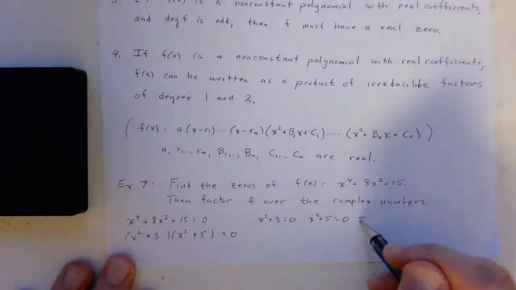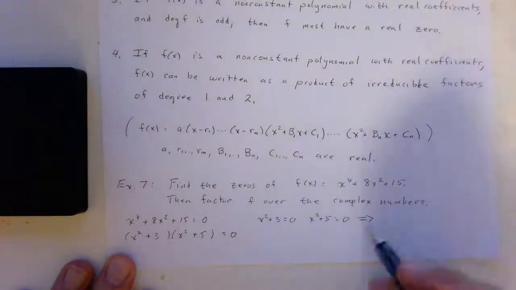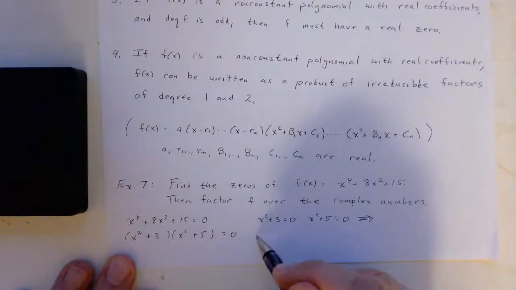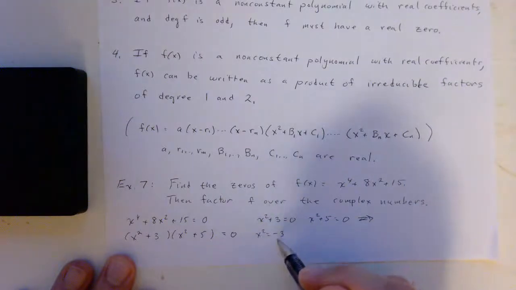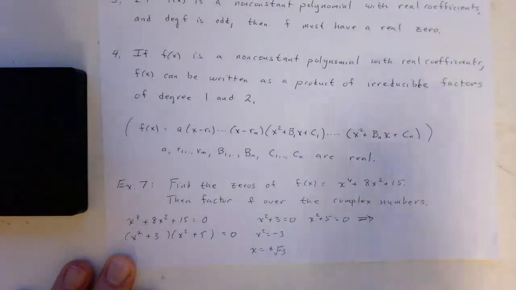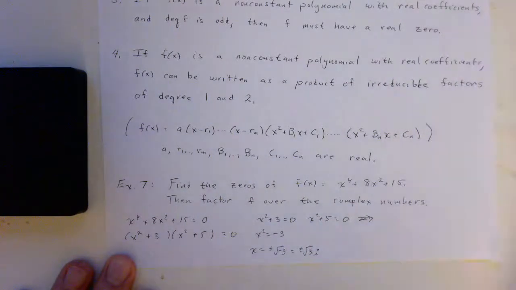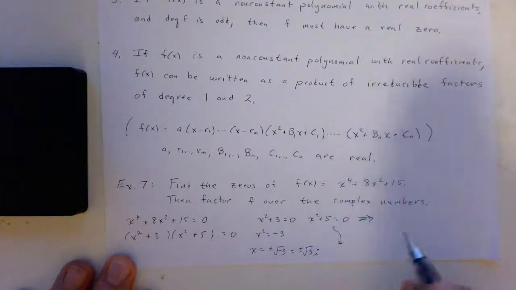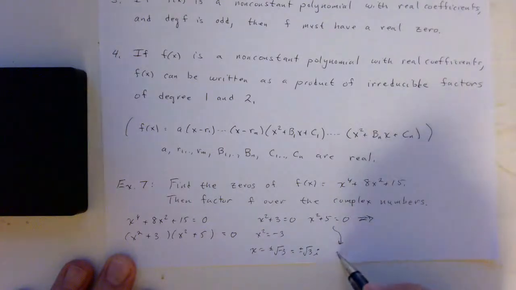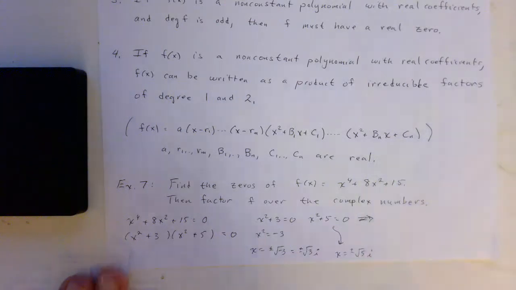In this case, x squared equals negative 3, so x is going to be plus or minus the square root of negative 3, which is the same thing as plus or minus square root 3 times i. And similarly, you can see that the roots here will be x equals plus or minus square root of 5 times i.